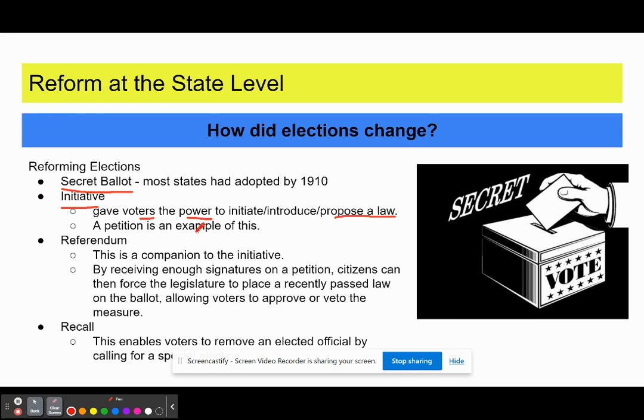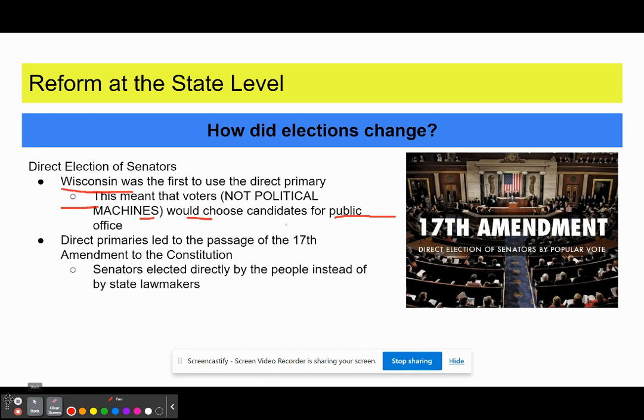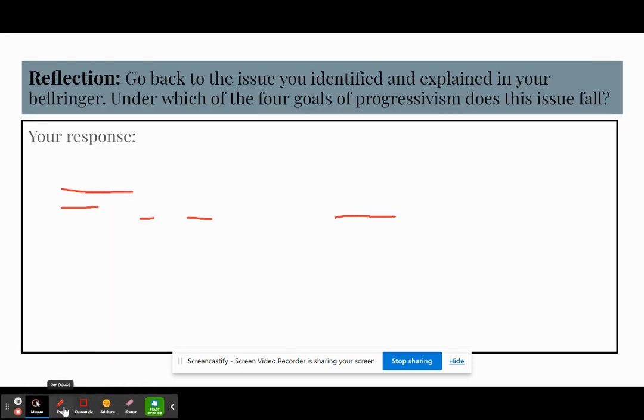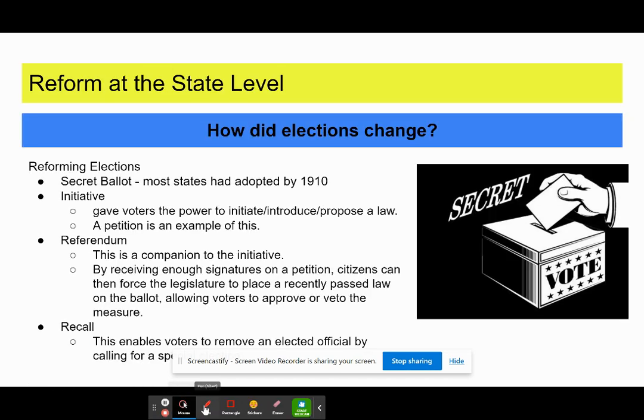You take a petition and you get people to sign it, and then that can get to the next level. Okay, sorry about that. But you can put a law in the books by getting a petition together.